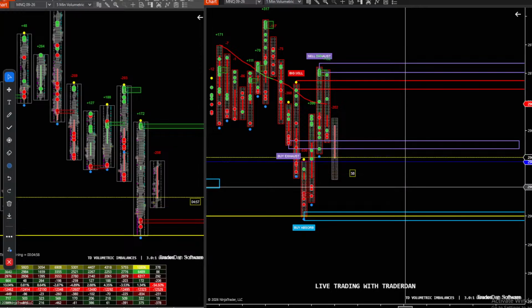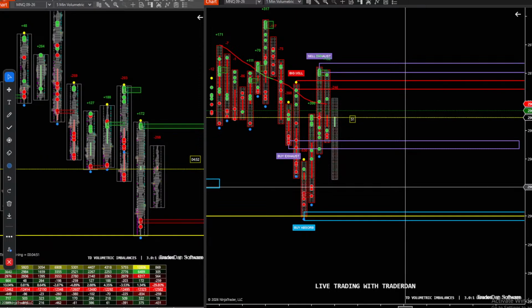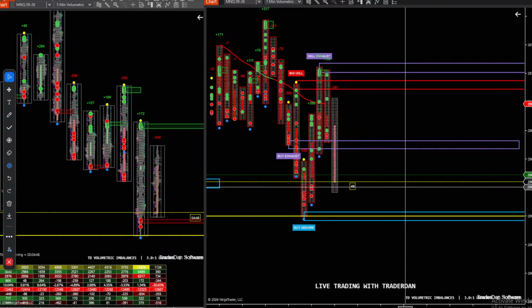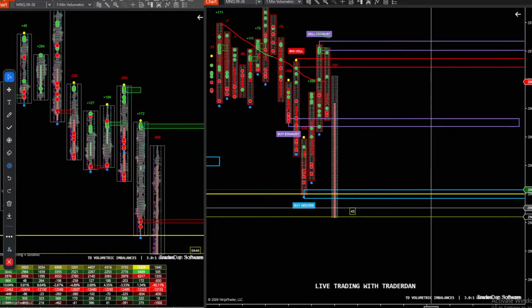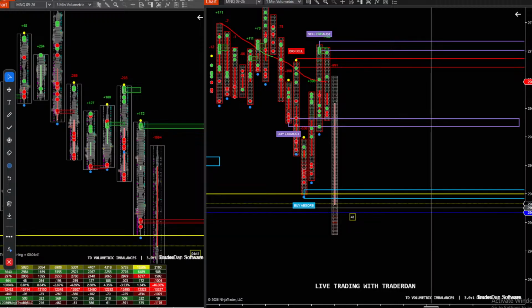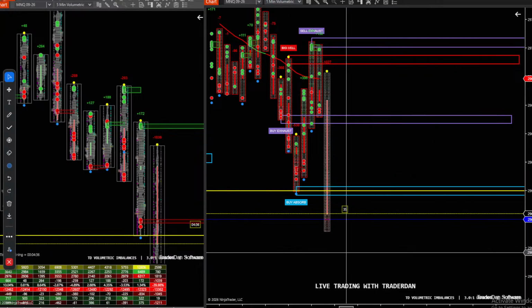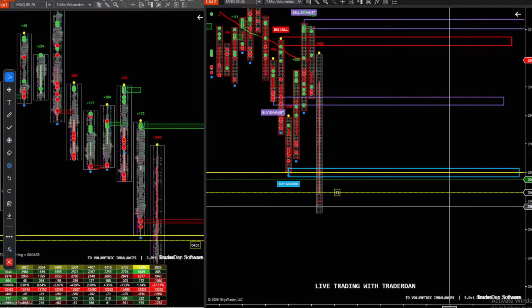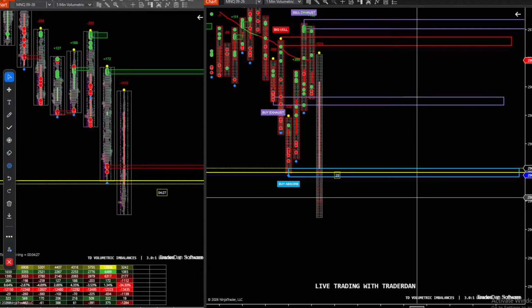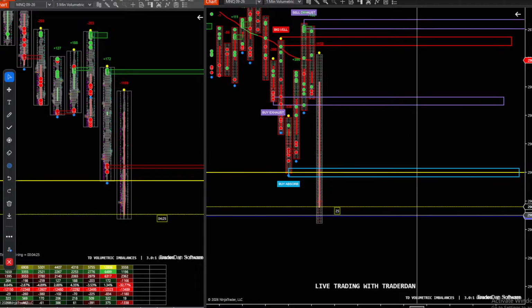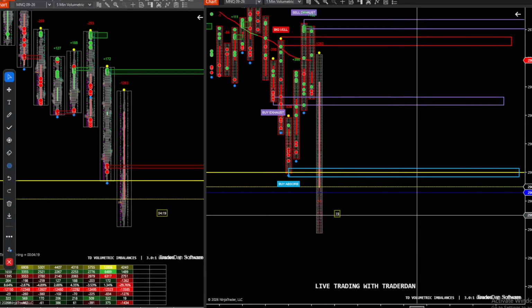Here we go, guys. Market is open. Looking to sweep the lows again. There it is. Sweep the low. We're trying to push lower here. $1,100 sellers, 1,200 sellers in that bar.